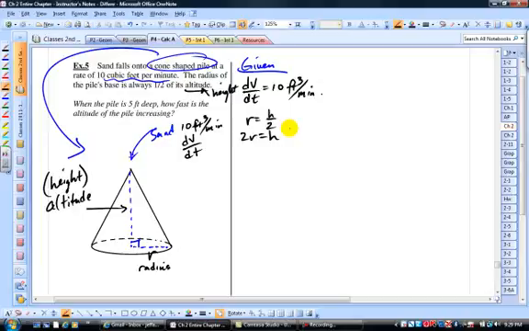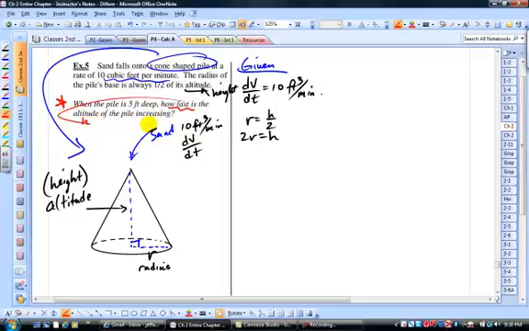So we know how the radius is changing with the height. The question is right here: when the pile is exactly 5 feet deep, how fast is the altitude, H in this case, increasing?